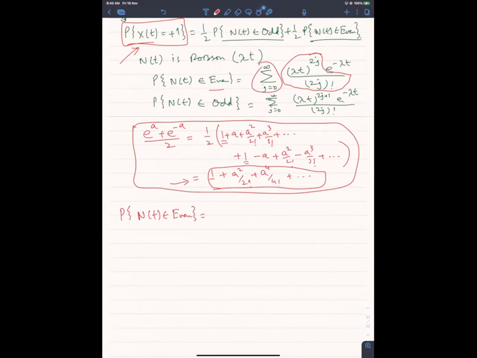So this is equal to (e to the lambda t plus e to the minus lambda t) divided by 2, multiplied by e to the minus lambda t.